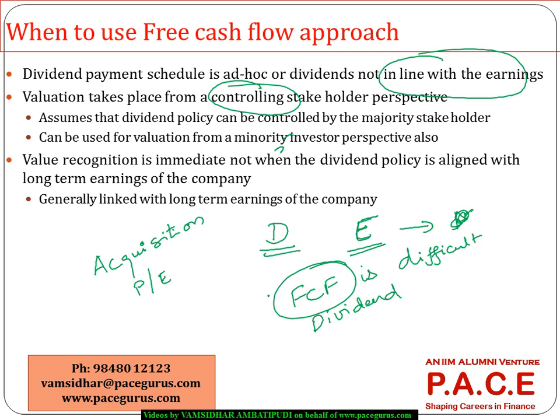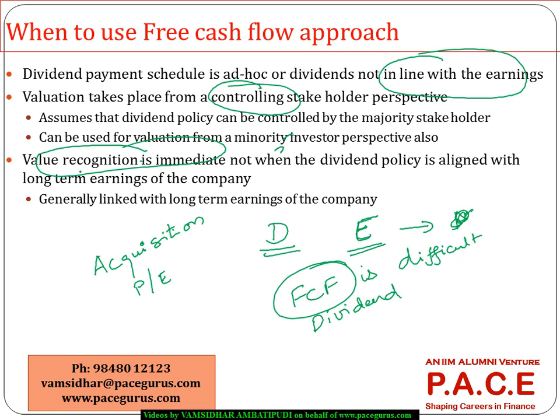Except for the computation process, in all other aspects I see the free cash flow based valuation model is more effective compared to the dividend based model, because one more advantage is that the value recognition is immediate.